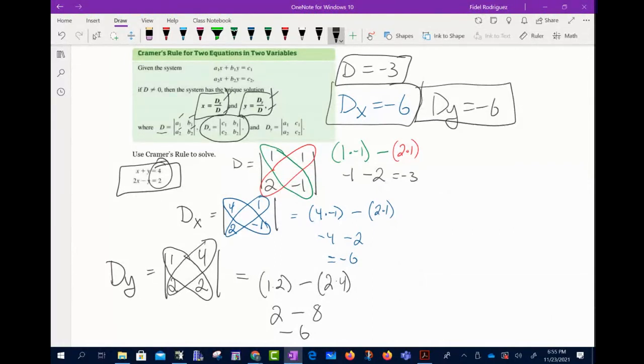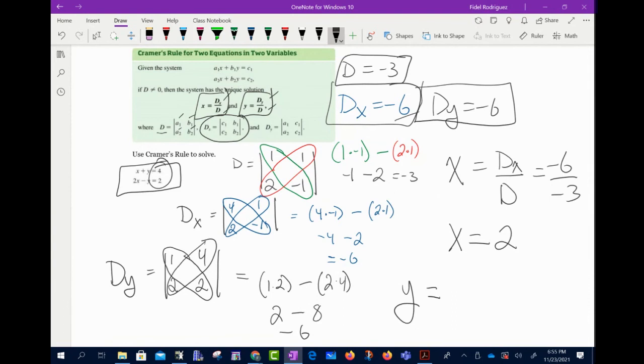All right. So now, how do we solve our system of equations? This is what we're going to do. X is equal to my Dx number over D. Our Dx number was -6. Our D number was -3. So -6 divided by -3 is +2. Now, how do I find my y value?